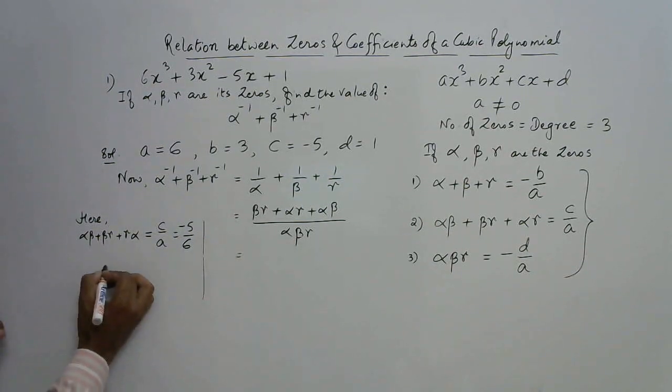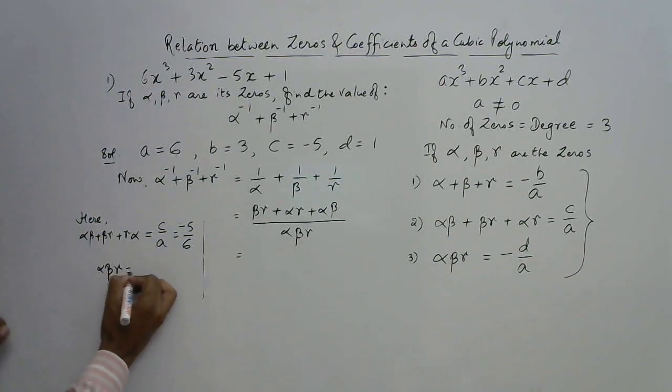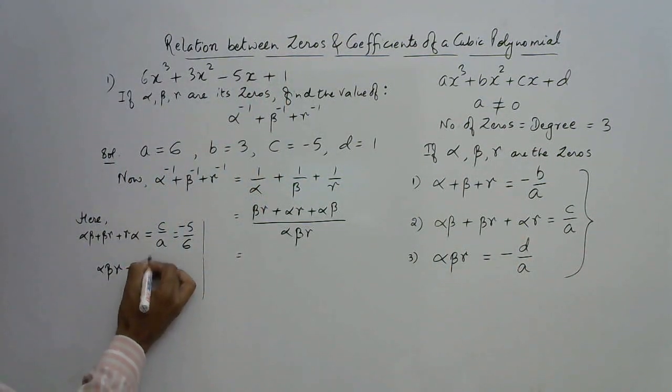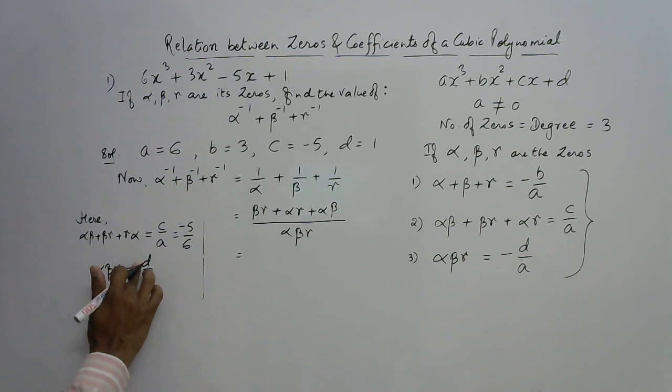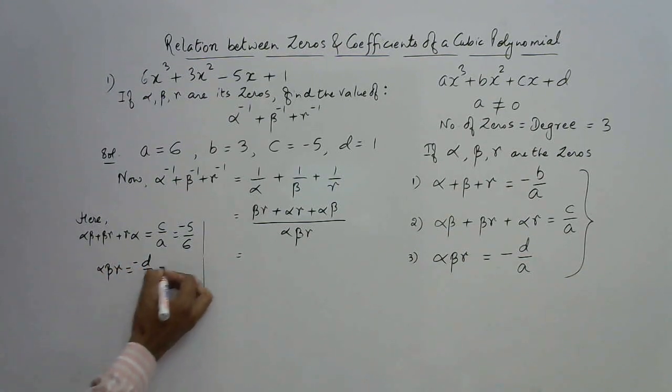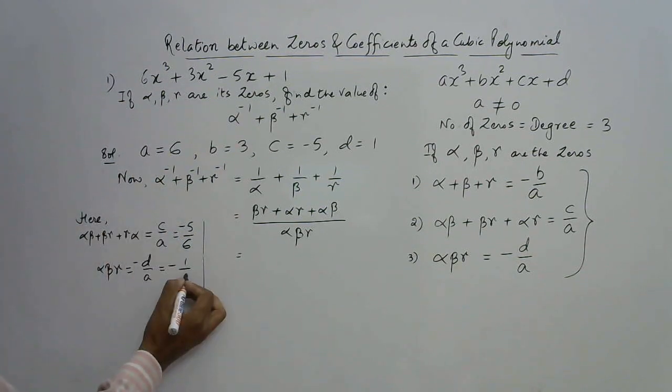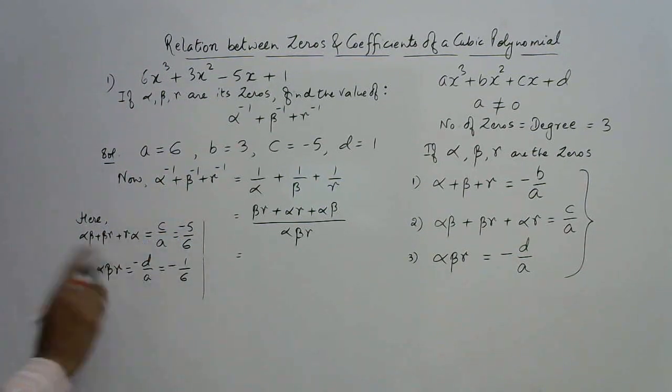Similarly, the denominator alpha, beta, gamma. The formula for alpha, beta, gamma is minus D upon A. And once you know the formula, just substitute the values, minus D. What is D? D is 1 and A is 6. So see, I have both the values now, and in the next step the answer is there.